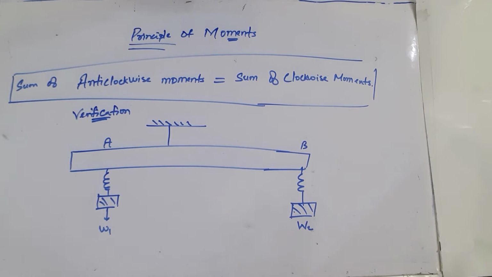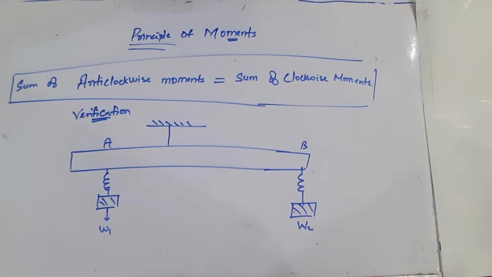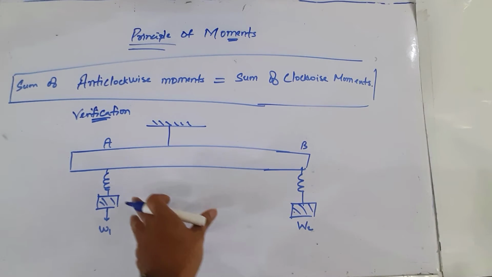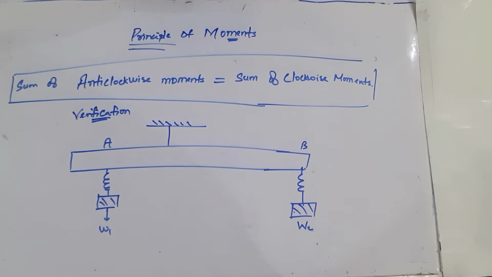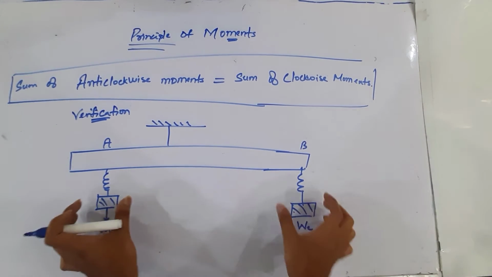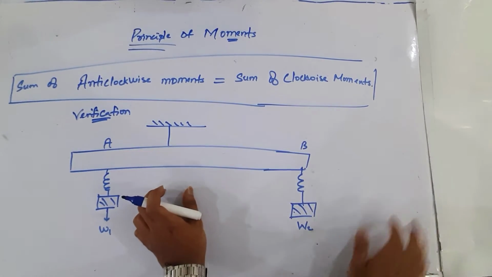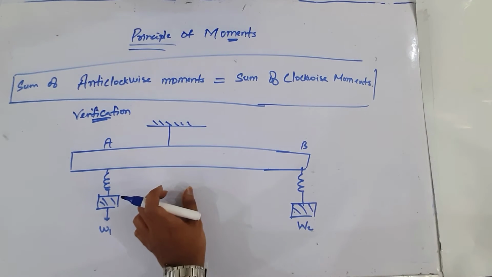Now we will observe that the rod will start tilting in some direction, either in the clockwise direction or in the anti-clockwise direction. So now we have to just adjust the masses. We will adjust the masses such that the rod remains in the horizontal position.